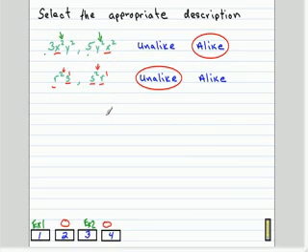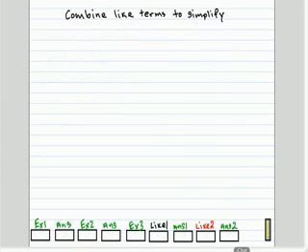So while we have common variables, we do not have common exponents. So if we're looking at combining, then we can only combine like terms. And notice how it says combine like terms to simplify. Meaning that we're going to make things hopefully simpler.